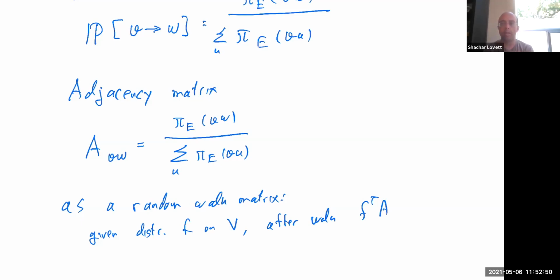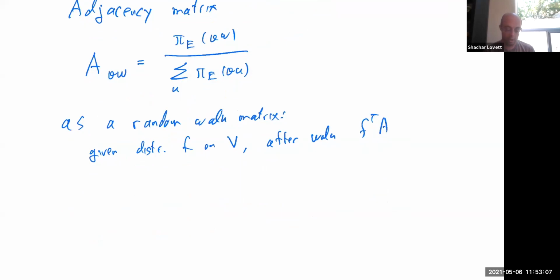The reason we transpose is that we're going to view this matrix's action on the right, and the action on the right is going to be basically an averaging operator.